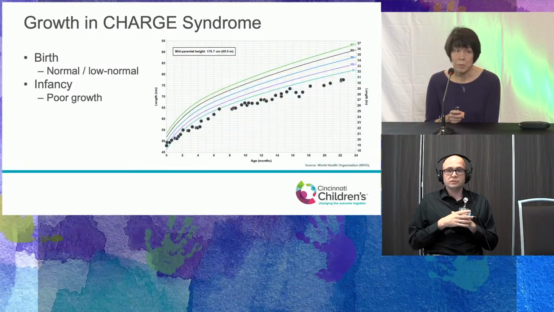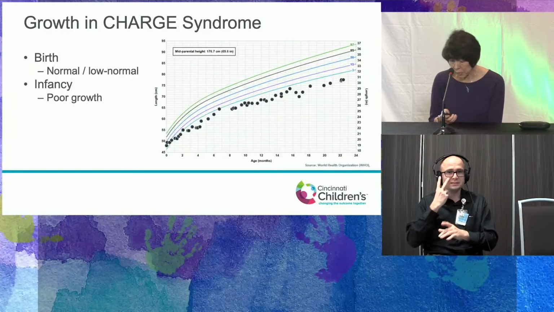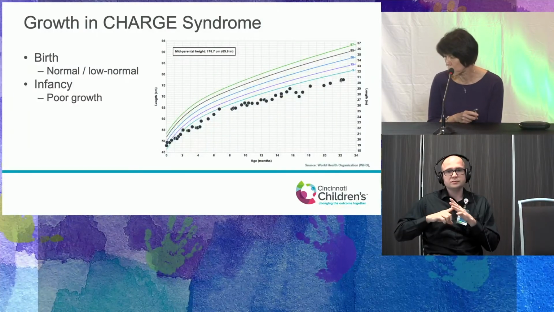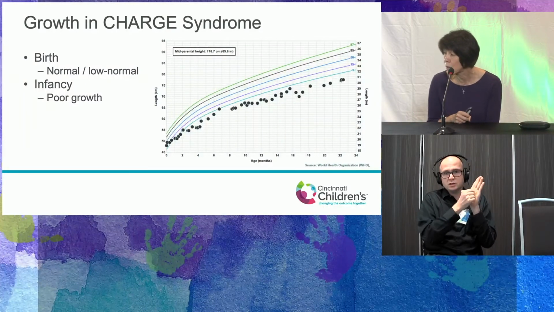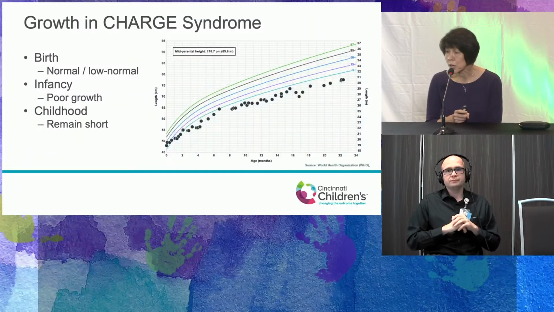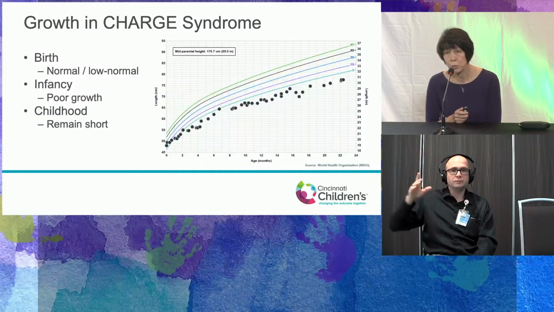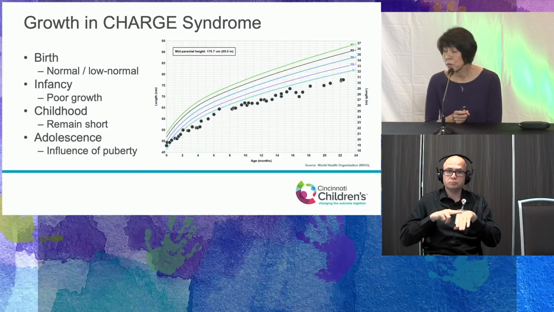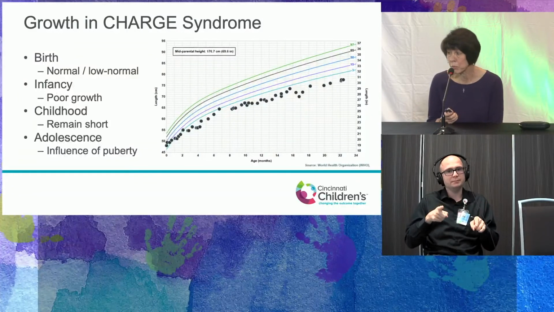During infancy, there may be poor growth. You can see that by 2 months and 4 months, he's starting to fall off the growth chart, and the dots pertaining to his height are below the low end of the growth chart. In childhood, children may remain short, but may grow at a normal rate. And then during adolescence, it really depends on what's happening in terms of puberty or treatment for puberty.